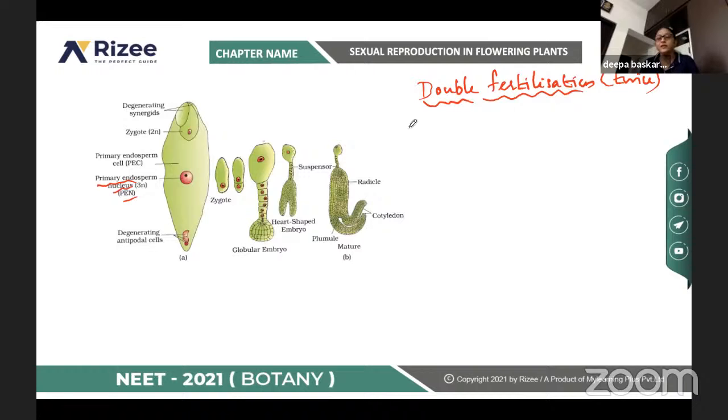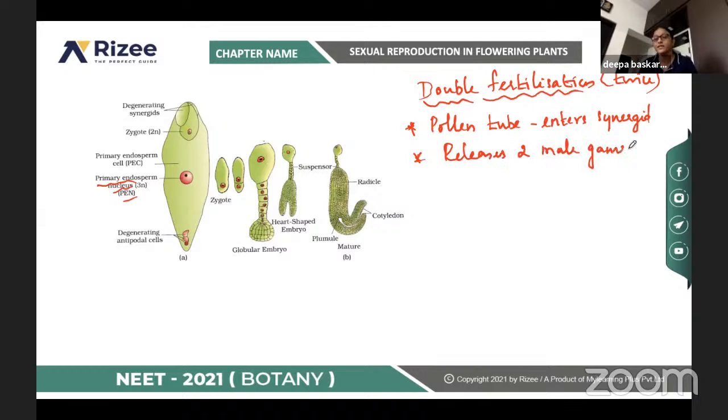Generally the pollen tube enters the synergid, and the filiform apparatus guides this pollen tube to enter the synergid cells. After entering the synergid cells, it releases two male gametes by one pollen tube.